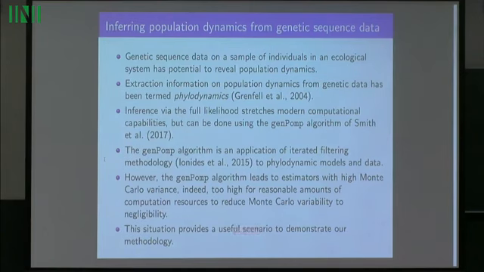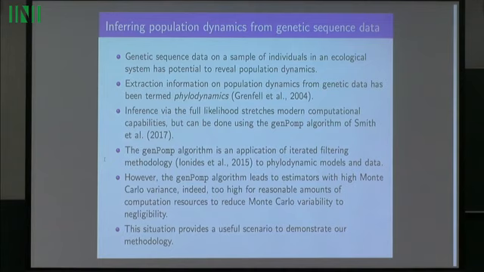Here's a little more on the problem of inferring population dynamics from genetic sequence data. So we think, in principle, that the genetic sequence data on members of the population should let us answer questions about what's happening in the population, things that we don't observe but ultimately give rise to the genetic footprint.